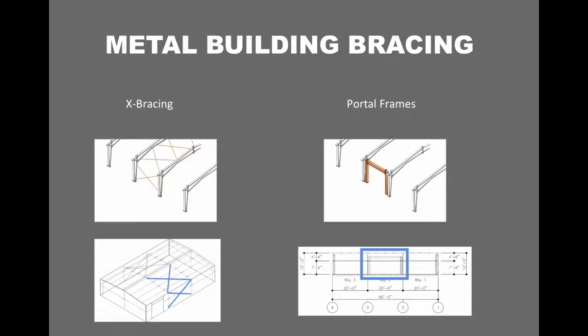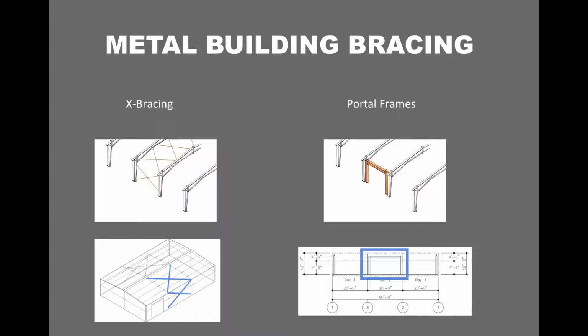Alright, so next we've got metal building bracing. When it comes to bracing, a lot of people get confused because they're not really sure what it is or what it does. Basically, at its simplest level, bracing is a way to tie the building together.